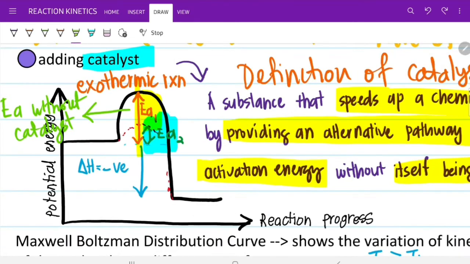As you can see in my sketch, this dotted red line refers to the new route for the reaction with a lower activation energy. So it has a smaller EA. This EA2 is named as the activation energy with catalyst.